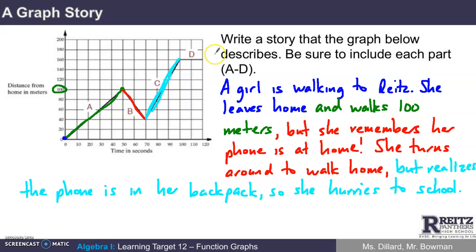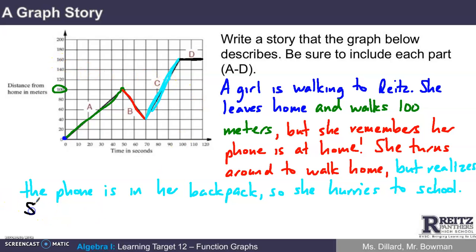Now for this last section, part D, her distance away from home isn't changing. So what could be happening here in our scenario? Maybe she's just at school now. Maybe she's 160 meters away from home rather, and that's just where school is at.